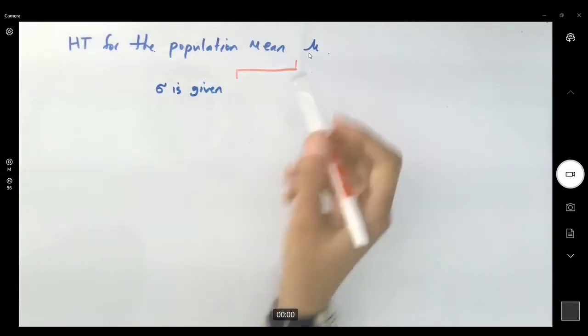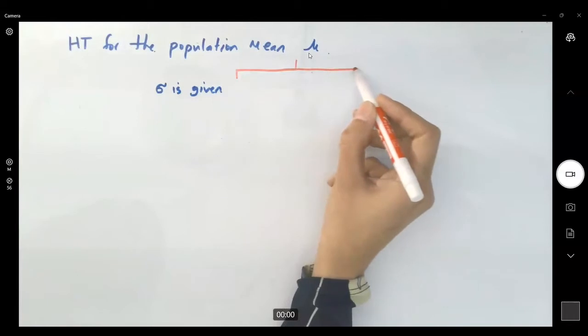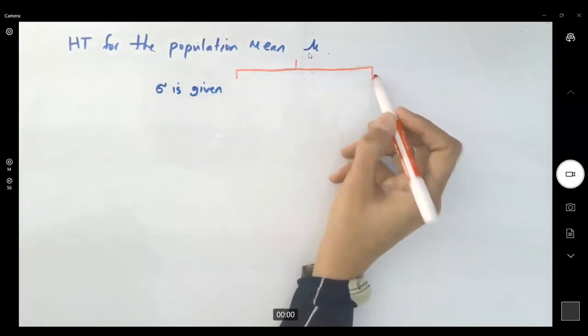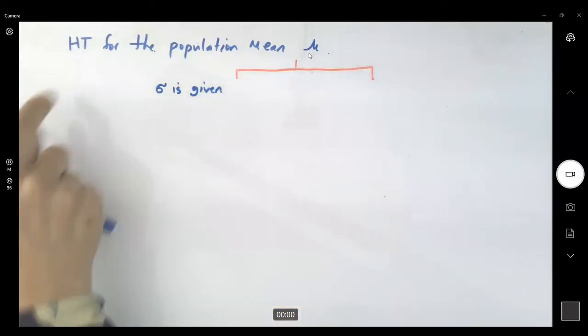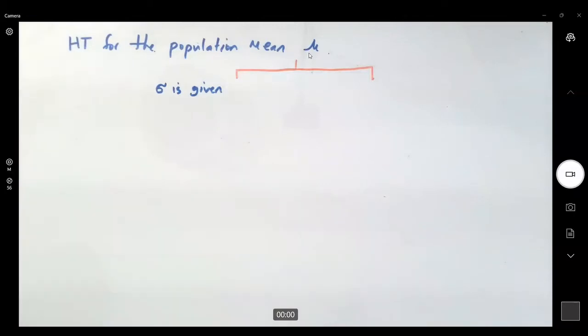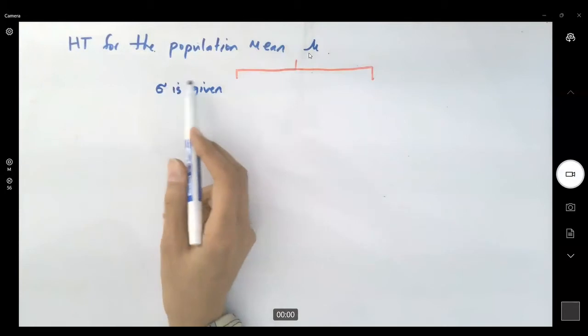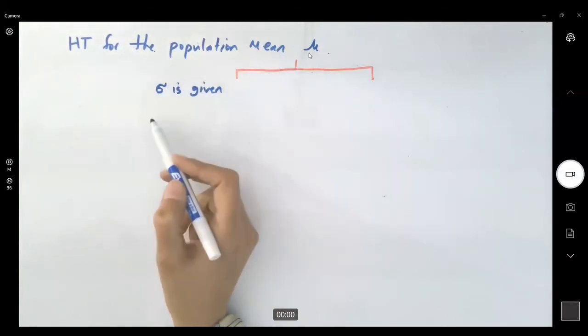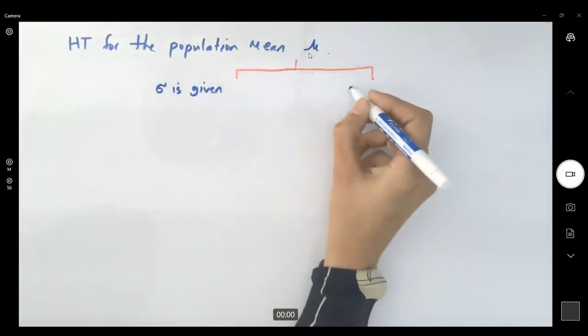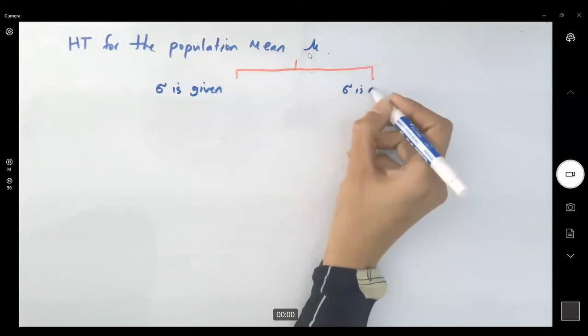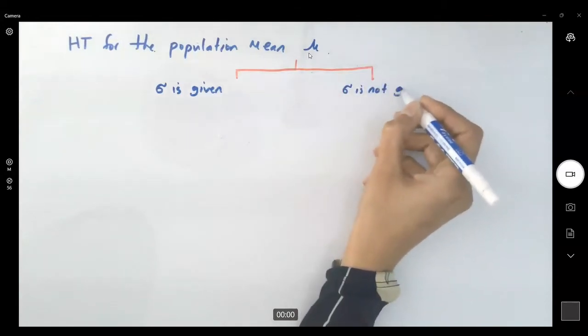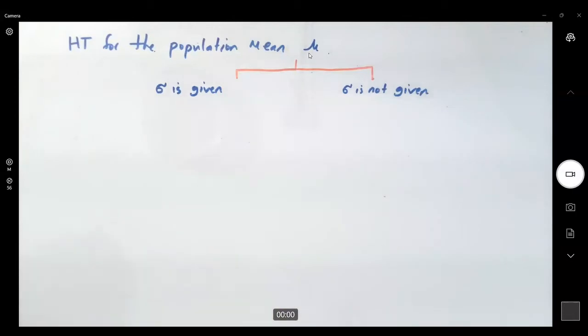If not, we're going to use another step to form and check the hypothesis test for the population mean. So the very first scenario is when sigma is given. The second scenario is when sigma is not given or not known.